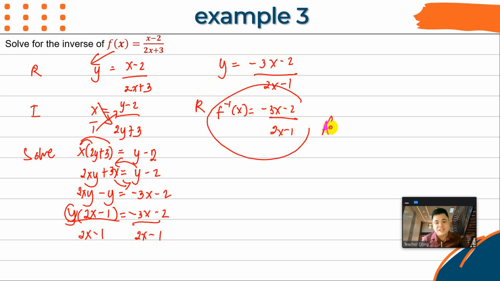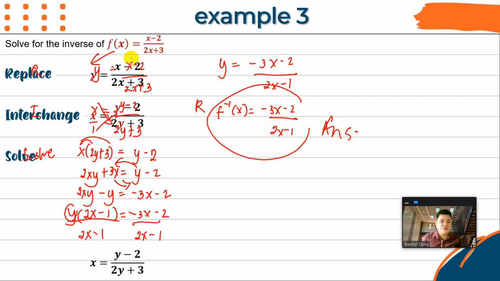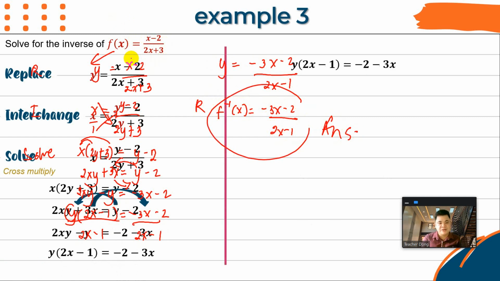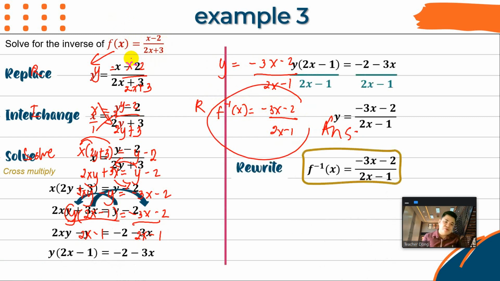So this is the inverse of the function f of x equals x minus 2 over 2x plus 3. So we also followed the process for the steps in solving for the inverse of a function. It's the same as our final answer, which is inverse of f of x equals negative 3x minus 2 all over 2x minus 1.